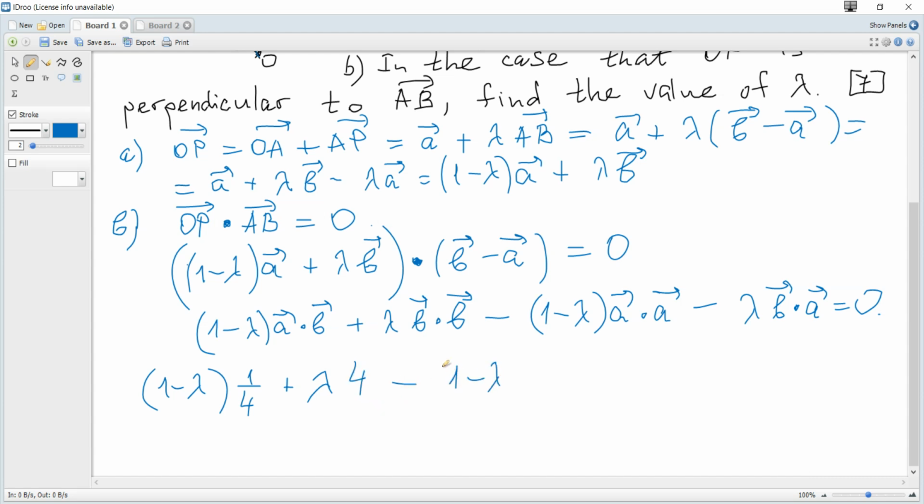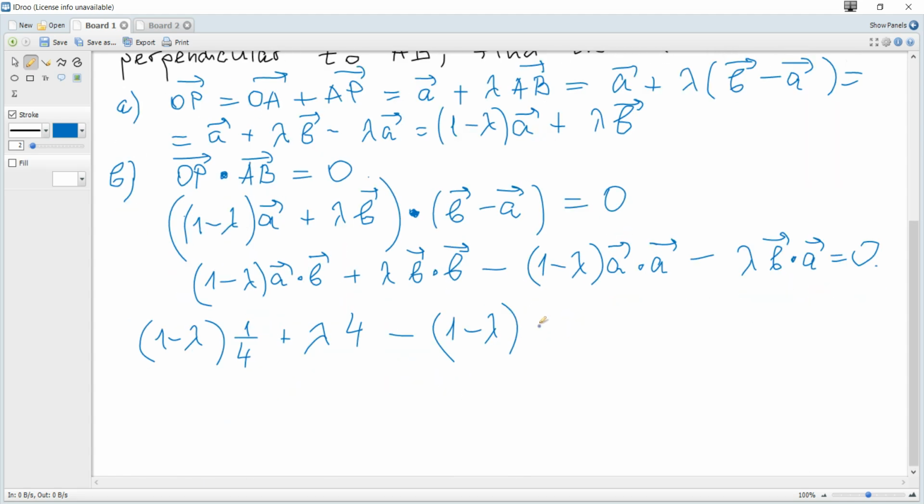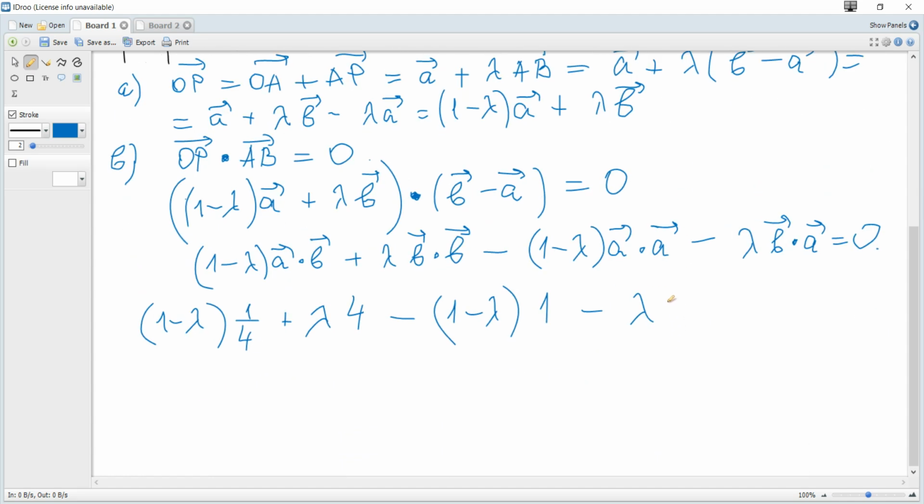Minus (1 minus lambda), a · a, it's the magnitude of a squared, which is 1. Minus, and b · a is the same as a · b, it's just 1 over 4, and is equal to 0.